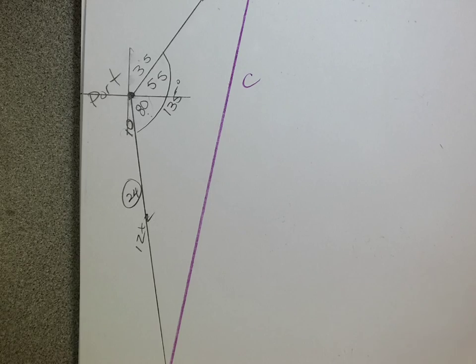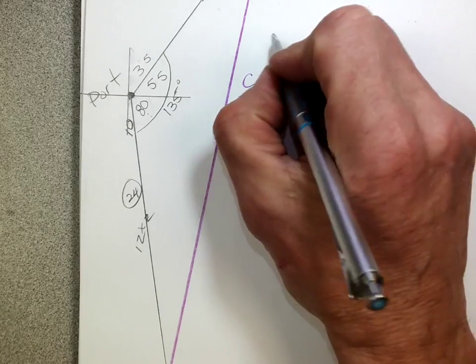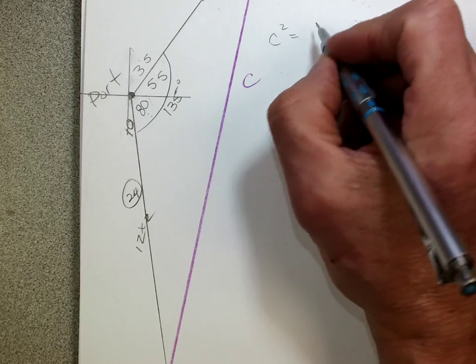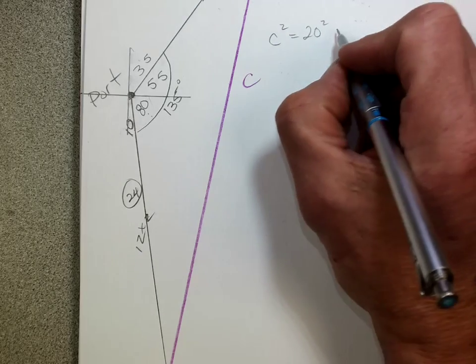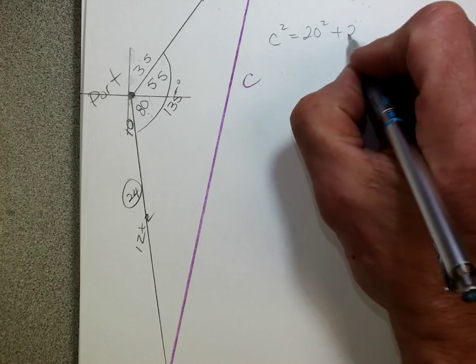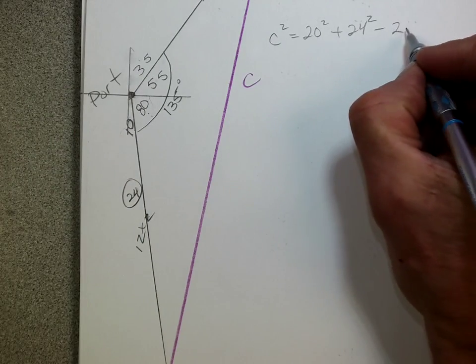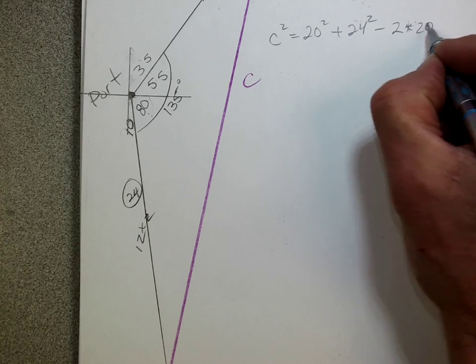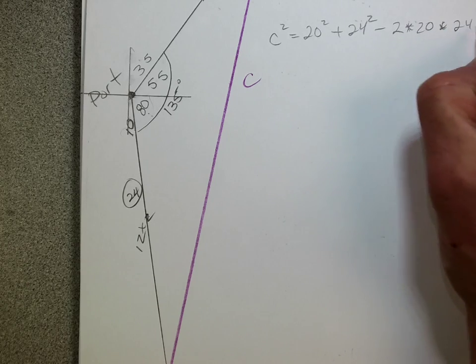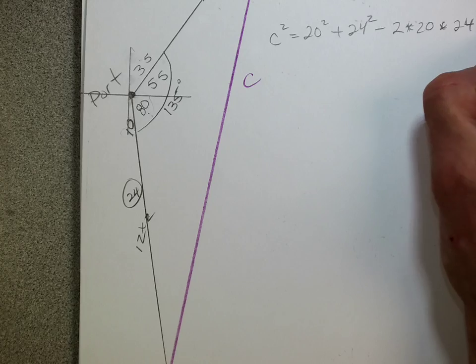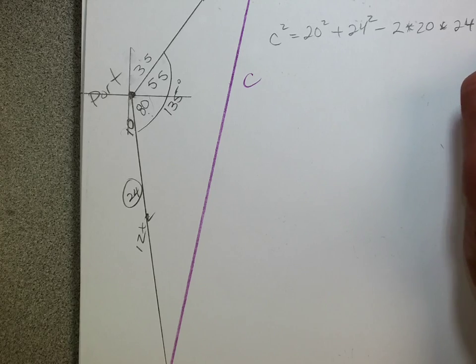Okay, now, law of cosines. C squared equals 20 squared, that's adjacent squared, plus 24 squared, that's adjacent, minus 2 times 20 times 24 times the cosine of 135 degrees.